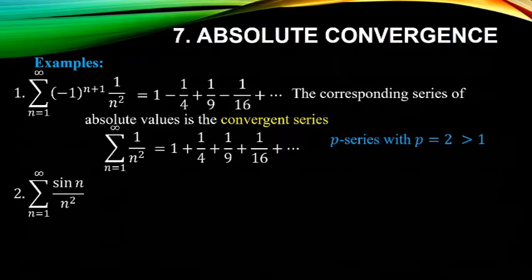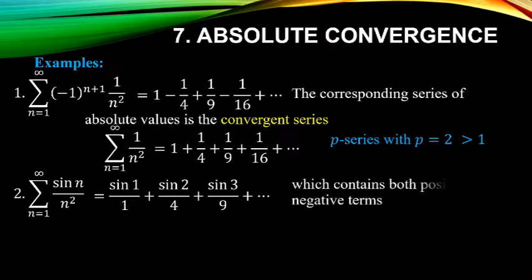Example number 2, the summation of sine n over n squared is equal to sine 1 over 1 plus sine 2 over 4 plus sine 3 over 9, and so on and so forth, which contains both positive and negative terms because of the trigonometric function sine. If we reach sine 180, after that the terms would be negative. After sine 360, it will become positive again.